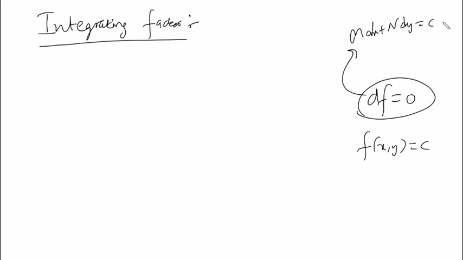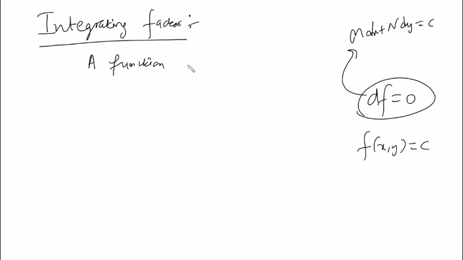So let me write the definition, then I'll give you an example. Because we are dealing with ordinary differential equations and they have two variables only, x and y, one dependent, one independent, it's going to be a function of both x and y.